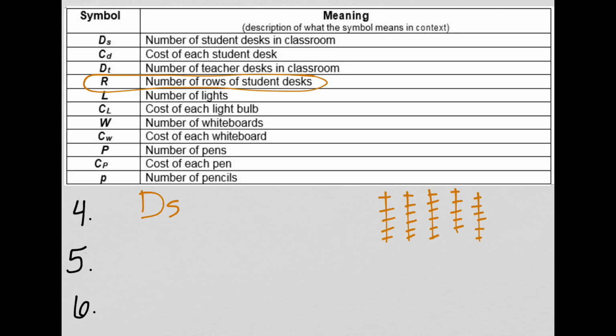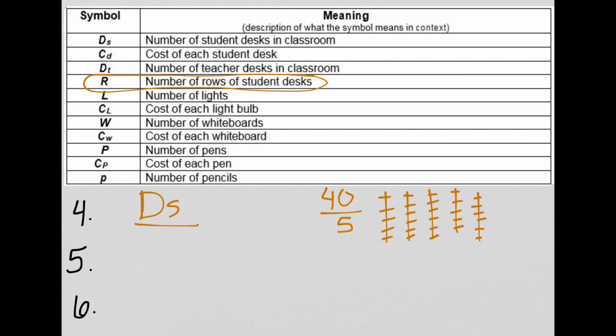That would be R. So if I had 40 student desks and I had 5 rows, then how would I figure out how many desks are in each row? I would divide, right? 40 total desks divided by 5 rows would be 8 desks in each row. Okay, so maybe I don't know how many desks I have, but I just represented it as a variable.